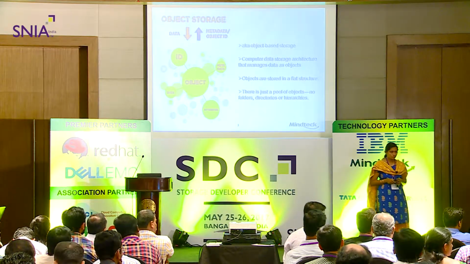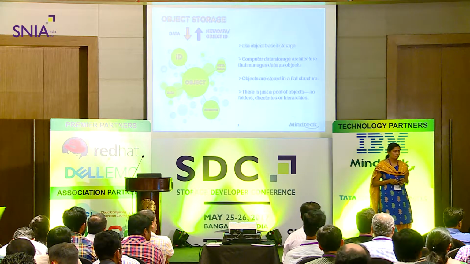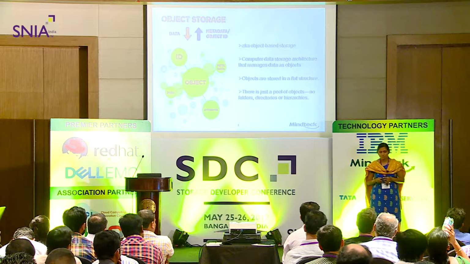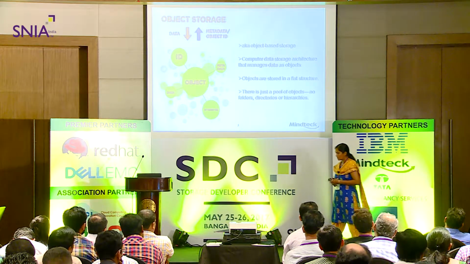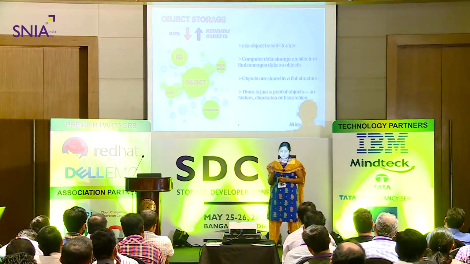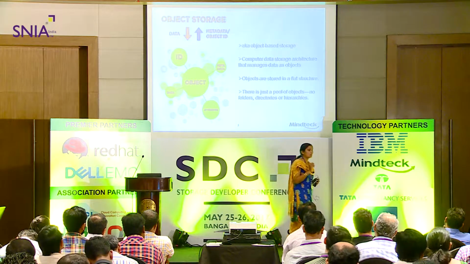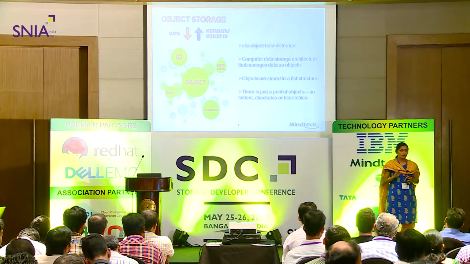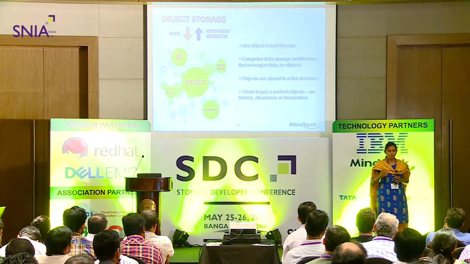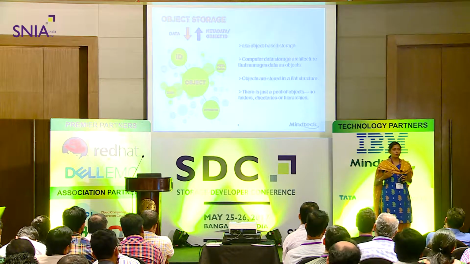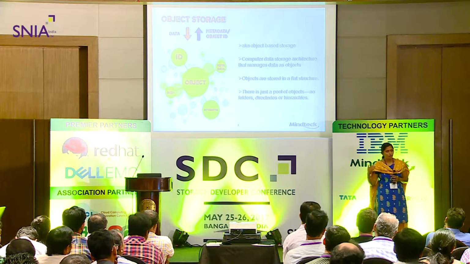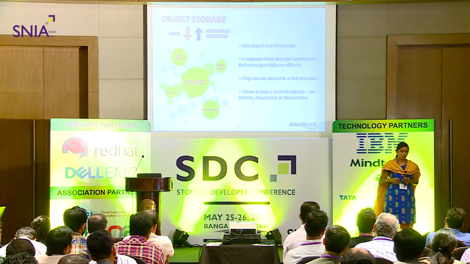Will it have only one object ID, or will it be divided across multiple object IDs? See, whenever you write data, a unique ID gets created. If you want to modify it, there will be an object version with a different ID. In that way, you can go back and search for the particular object or data you are looking for.